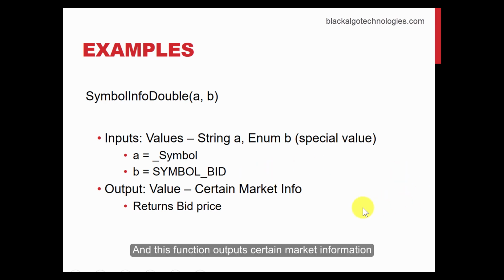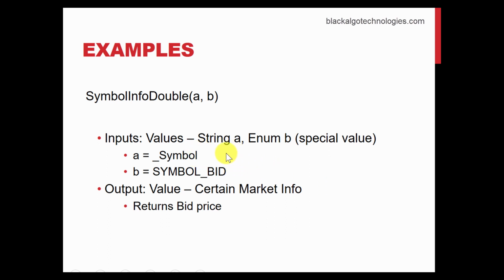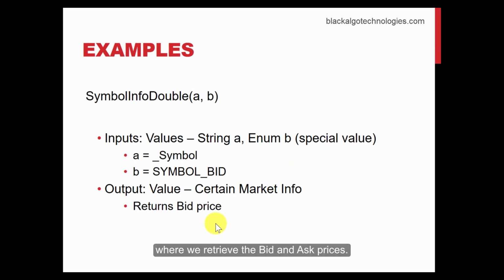And so this function outputs certain market information depending on what you input. So based on this input, it returns the bid price of the current symbol. You've done this before in chapter 4, where we retrieve the bid and ask prices.